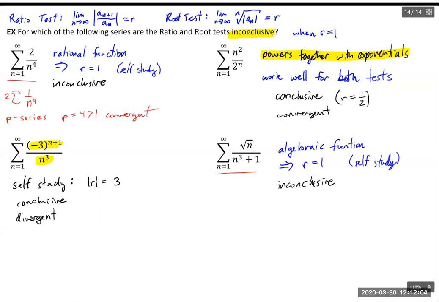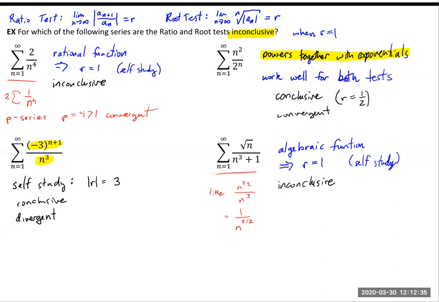And this one down here, what should we do with this one? This one isn't quite a p series, is it? But it does have n cubed in the denominator and an n to the 1/2 in the numerator. So what this is saying is that it's like the series where you'd have an n to the 1/2 and an n cubed, which would basically give us n to the 5/2 in the denominator.